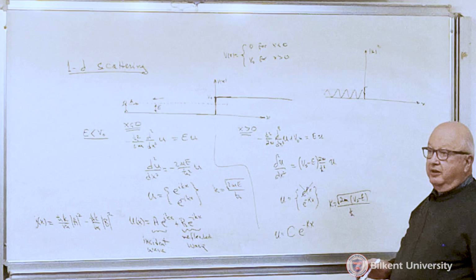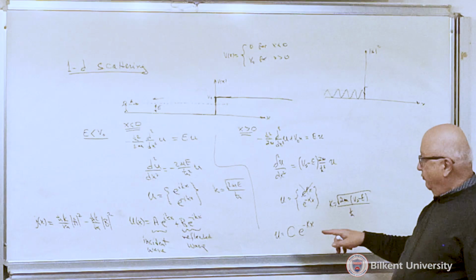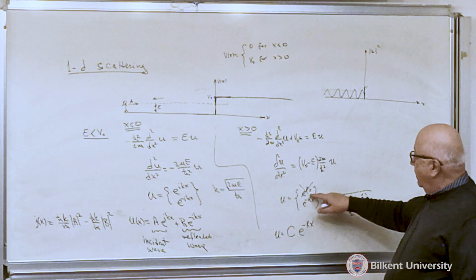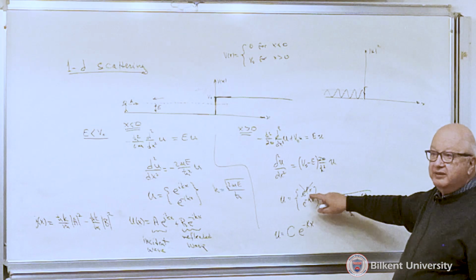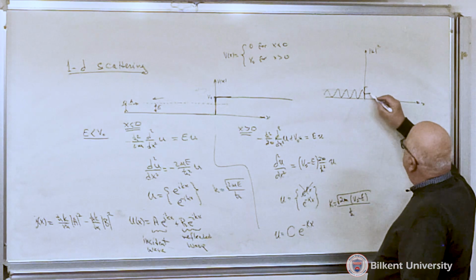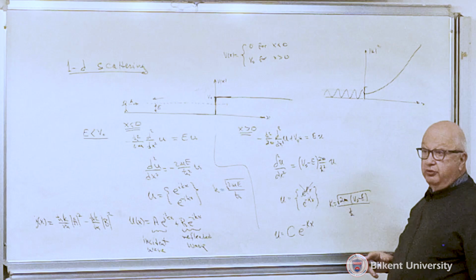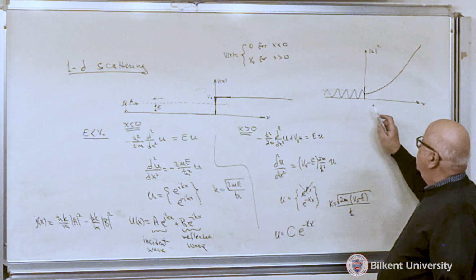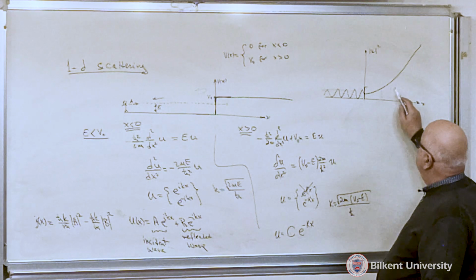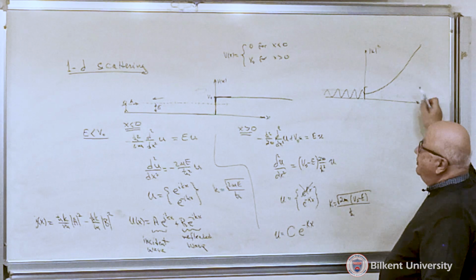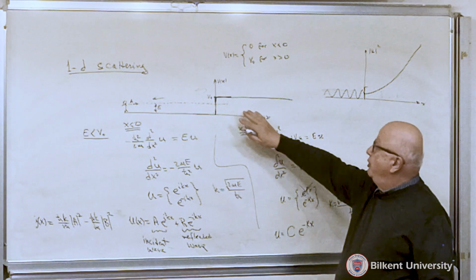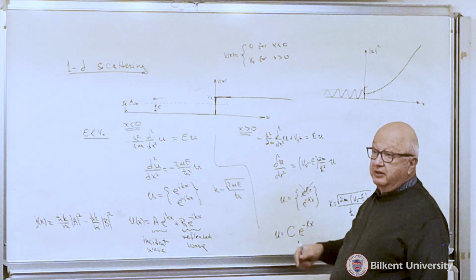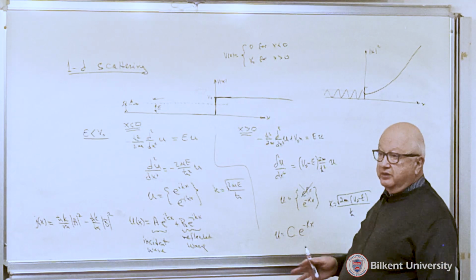And on the right-hand side, I'm looking for what the solution is. If I allow for e to the kx, it's going to give me a solution which goes like that. It means the probability of finding the particle is going to be larger and larger as I go deeper and deeper into this classically forbidden region, which doesn't make sense.